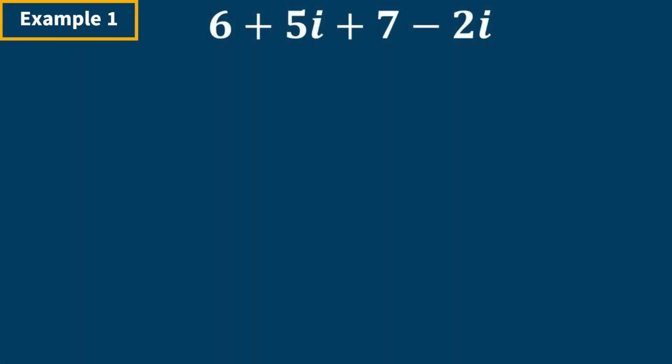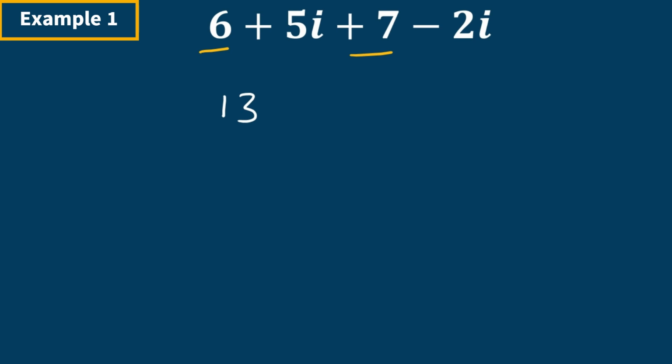Example number 1, we want to go ahead and simplify. Whenever we want to simplify numbers like this where there's an imaginary part and real parts, all we do is add the real parts together and then add the imaginary parts together. So let's look at the real numbers here. We have 6 and we have 7. We can combine those since they're both real numbers. 6 plus 7 is going to give us 13.